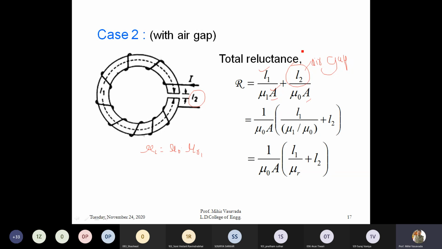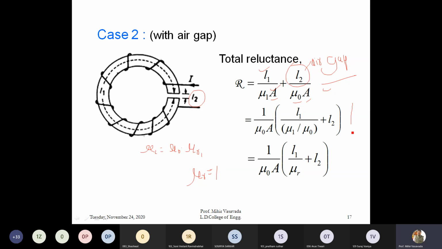Clear? But the second part is an air gap. So it has a different length, but the area is the same. In both, the same area is taken. And here there is no mu r. Why? Because for air or vacuum, mu r is always 1. You need to consider mu0 only.